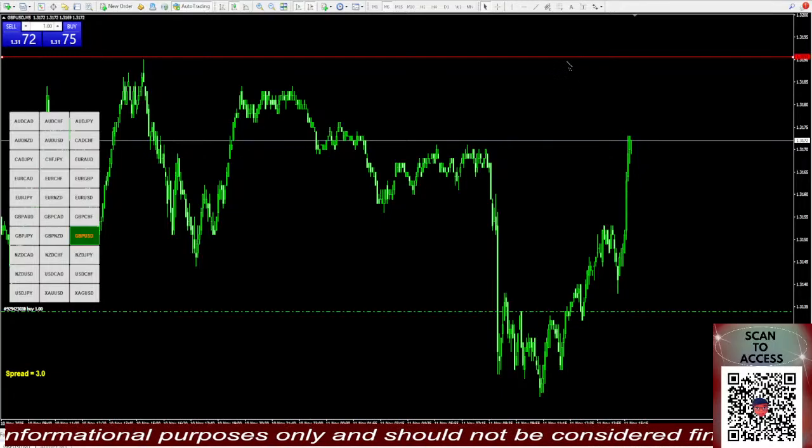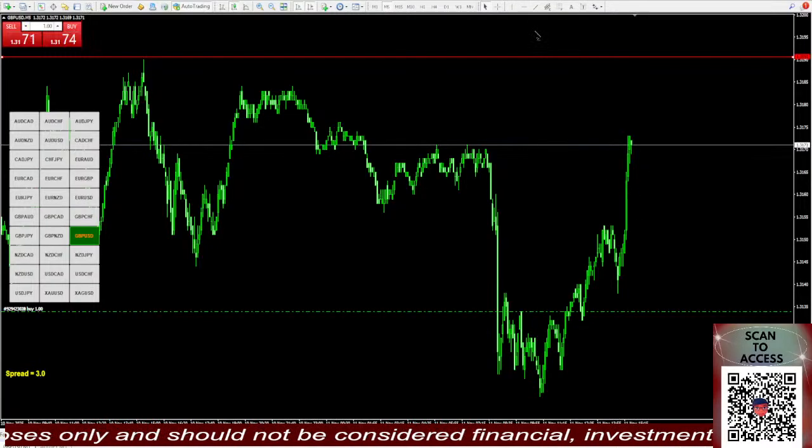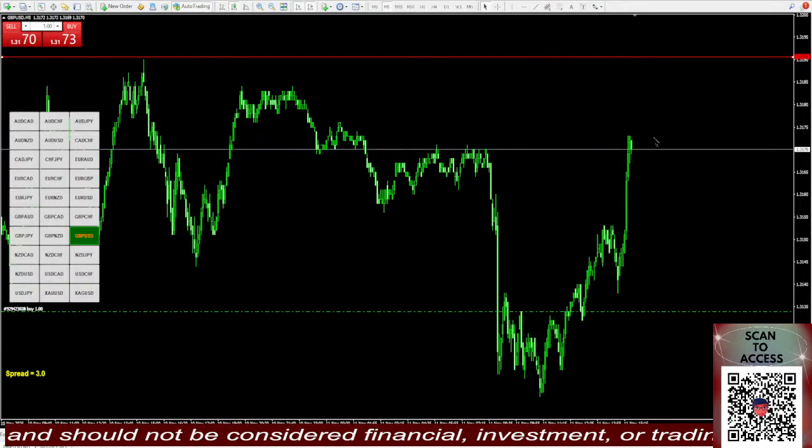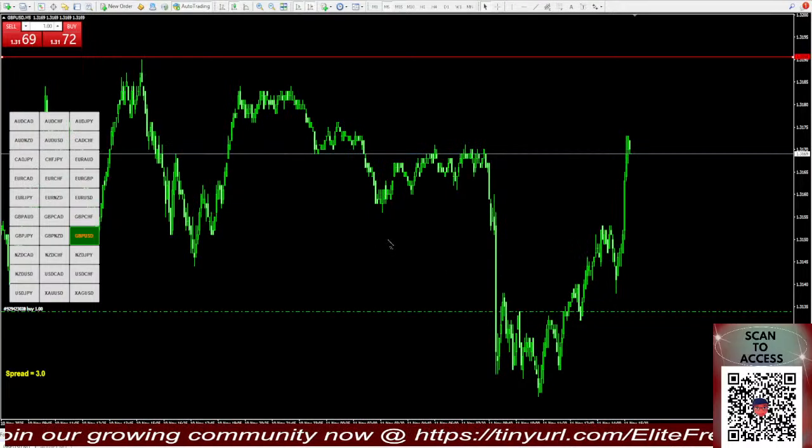Now this will actually take the trading into another level for me, because it's going to make me add to the current number of trades that I do have. But there is also a possibility that we might experience a pullback.